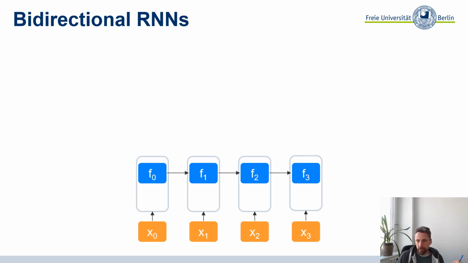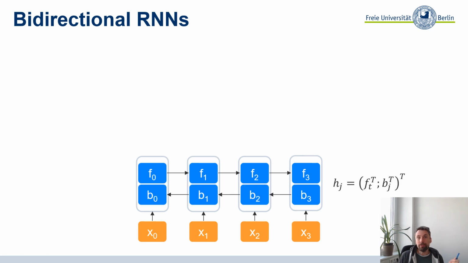And this first RNN sees the sequence in the normal order, but you could also reverse the sequence and feed it to a second RNN that creates hidden states B for backward. Then you can use these two hidden states as a representation of each token, having some kind of information about the bidirectional context.